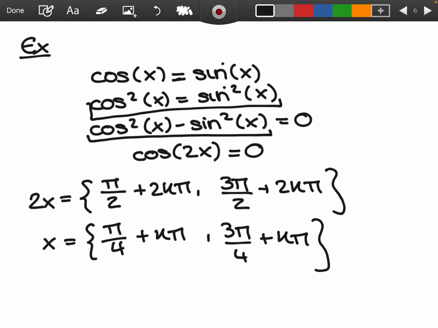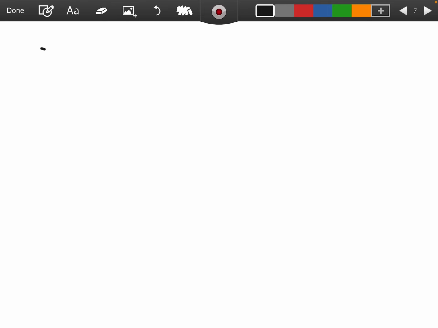So I'm going to plug both of these sets into sine and cosine to make sure that they are the same. So first, cosine of pi over 4 plus multiples of pi. That means that I'm looking at cosine of pi over 4, or any coterminal angle to pi over 4. We're in quadrant 1. Pi over 4 plus pi puts me at 5 pi over 4, and I'm now down in quadrant 3.